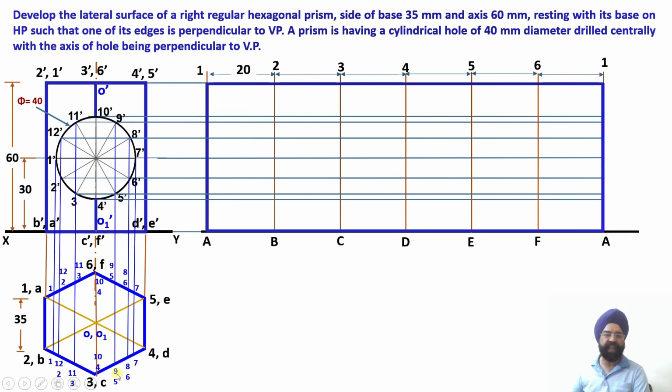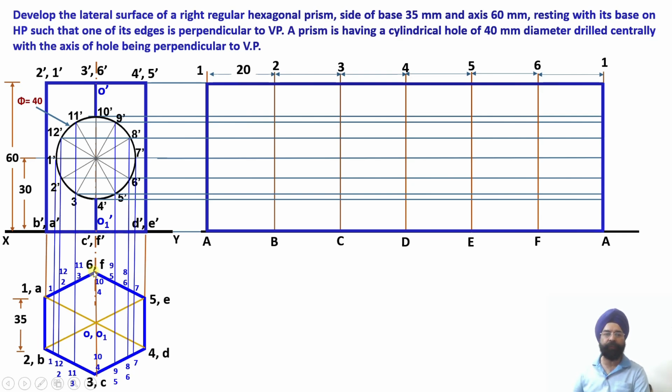Similarly, the distance of the points 9 and 5 from this vertical edge 3C, the distance of the points 8 and 6 from the vertical edge 3C, and finally the distance of point 7 from the vertical edge 3C. So this will be visible from the top view.